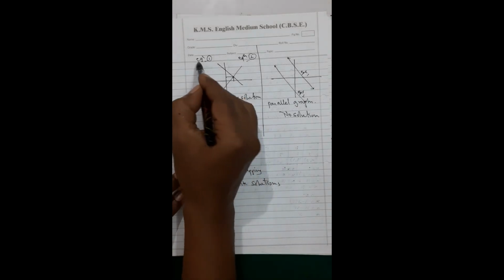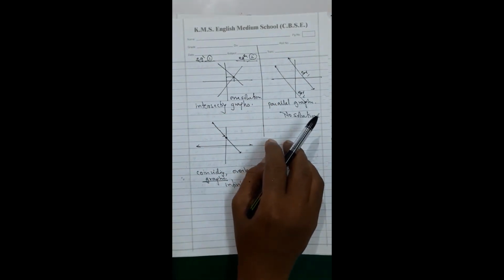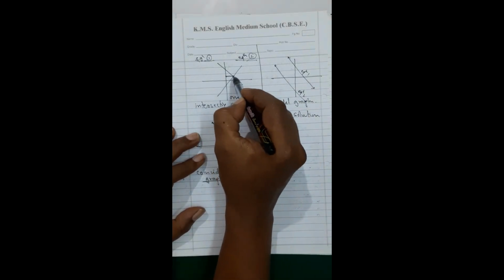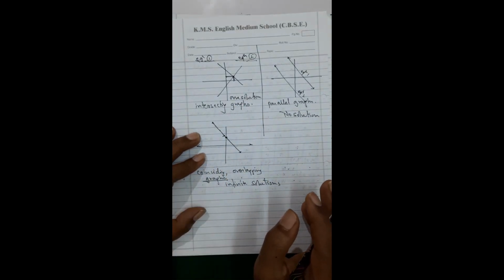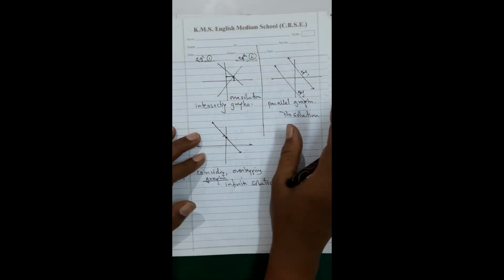Are you getting it, my dear students? These are the things that are happening. You have to understand that when you have got linear equations in two variables, it means you have got two simultaneous equations, equation 1 and equation 2. Then there are three things possible: either they will have only one solution, or they will have infinite solutions, or they will have no solution.